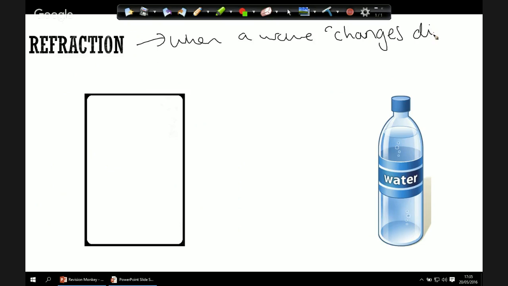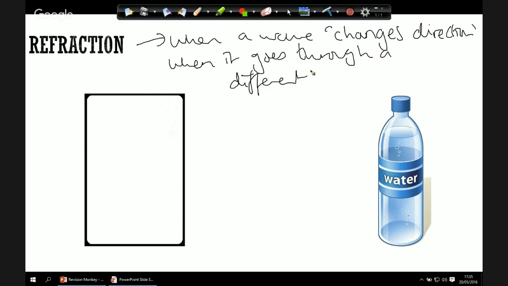So when a wave changes direction when it goes through another medium. A different medium. Now, a medium is a different material, but you'll probably see that word medium in there, so you need to get used to it. It just means a different material.